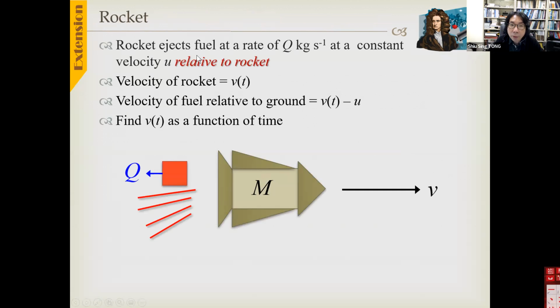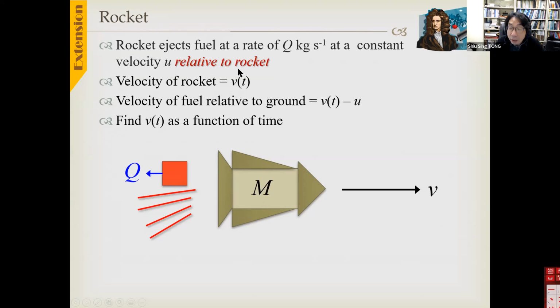Now, suppose I have a rocket, that's a schematic rocket. A rocket ejects fuel at a constant rate of kilogram per second. And that means the rocket ejects kilograms of gas per second, okay? And it does so at a constant velocity.